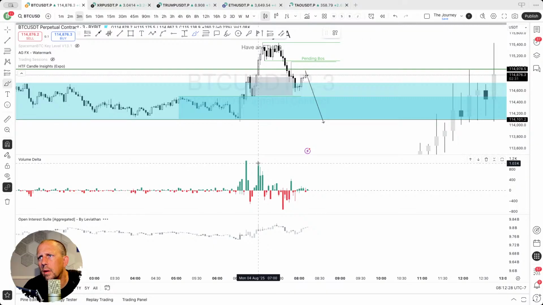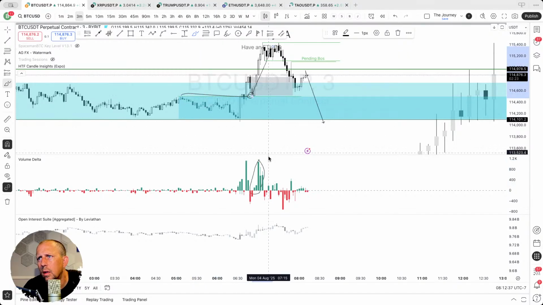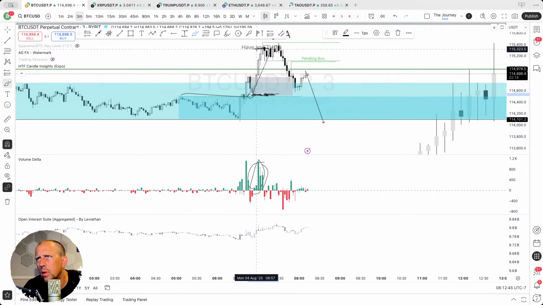It's like all this bullish volume that entered the market here after your break, retest and run. That bullish volume that exists between here and here is still in control. It has not put price below that yet.